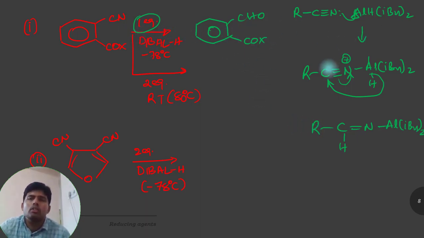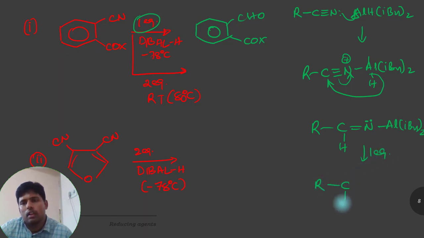Now instead of using one equivalent, if you use one more equivalent, additional DIBALH, then this nitrogen has a lone pair, so it can actually react with one more molecule of diisobutyl aluminum hydride, and form something like RCH2N, so this will have two bonds now, ALIBU twice, ALIBU twice.